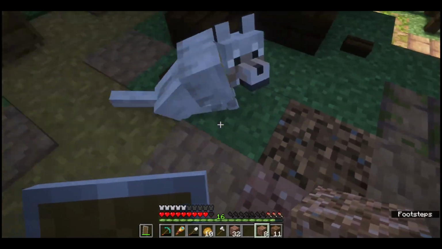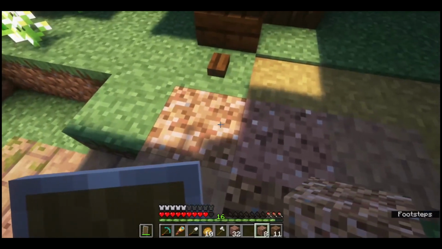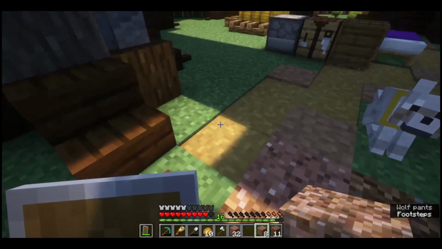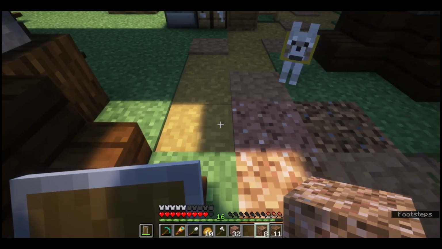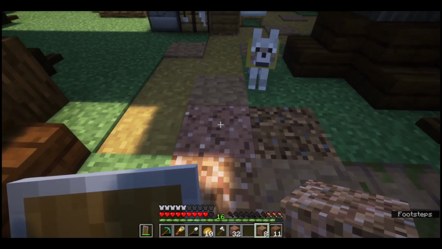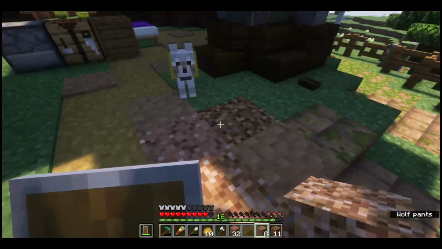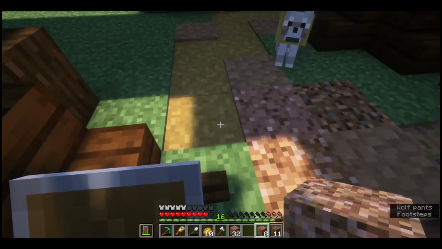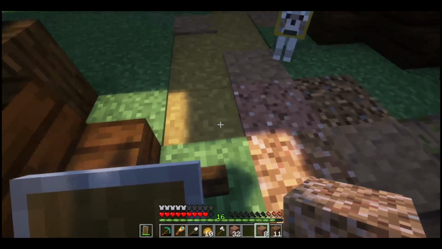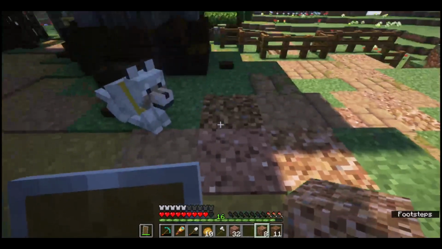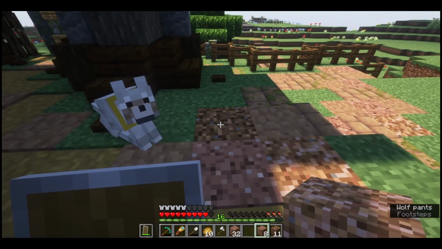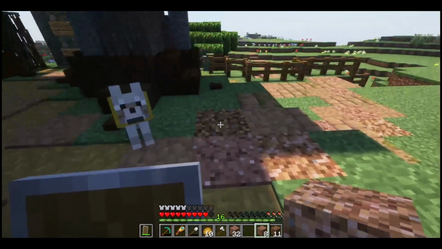Okay. They can be diagonal from each other, but I don't want them too close adjacent to each other. So like this could be a rooted dirt because it's diagonal from here, but it could not be coarse dirt because it's in the same line here.